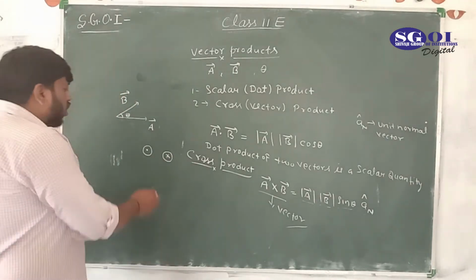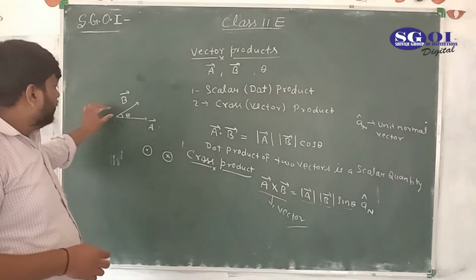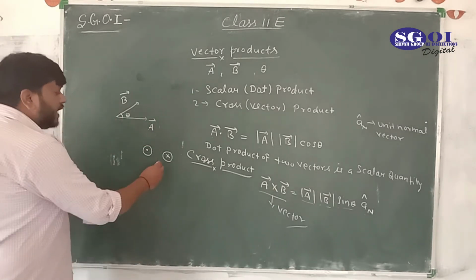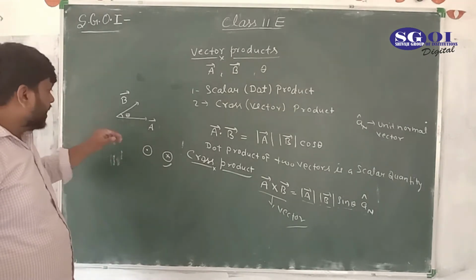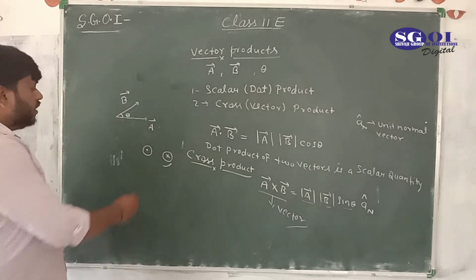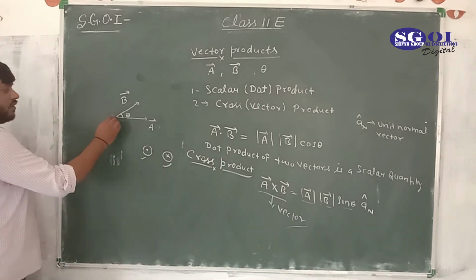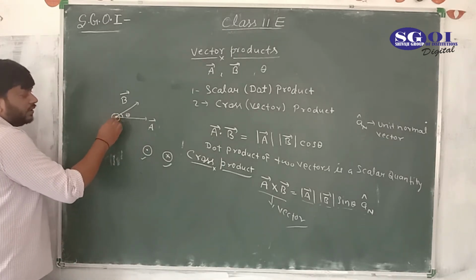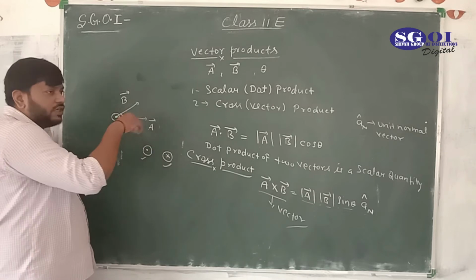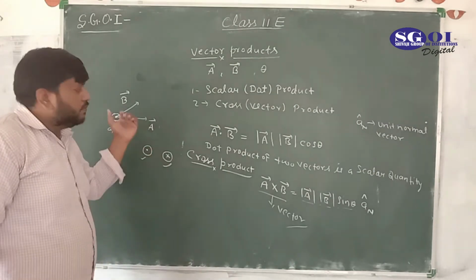Dot represents the normal which is going perpendicularly inside, and cross is perpendicularly outside.